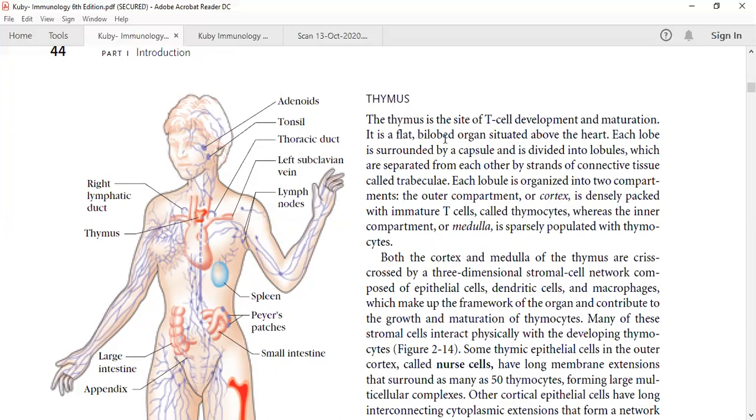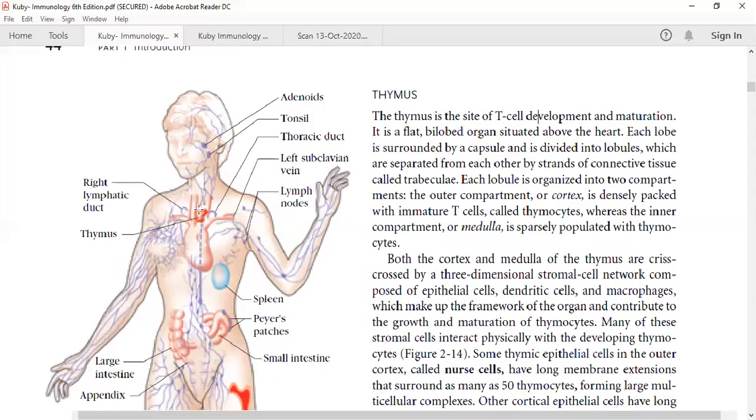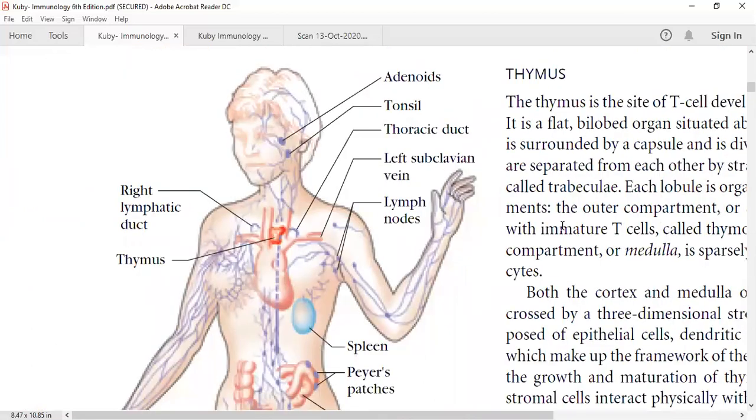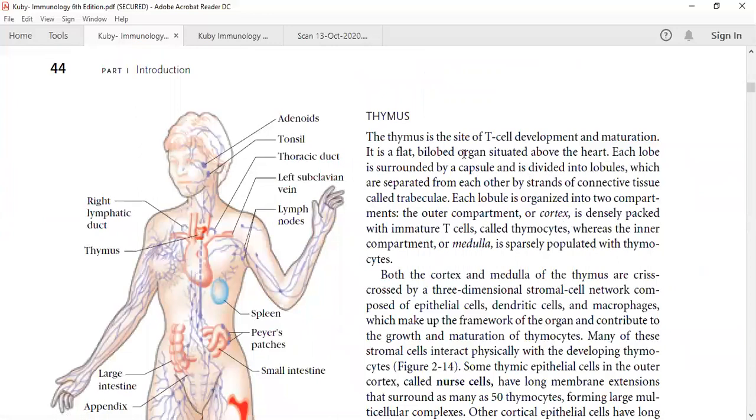It is a flat bilobed organ situated above the heart. If you observe the location of this organ, it is situated just above our heart, and it has two lobes, therefore it is written here: a flat bilobed organ. It is covered with a capsule and divided into small lobules.